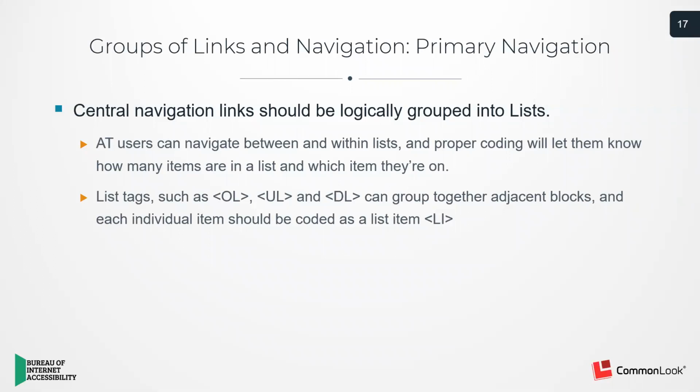So a non-visual user could know that they're on link 3 of 4 of a particular navigation menu. And without having a list, it would just announce a link and they wouldn't know where they are. You may also want to wrap primary navigation elements in a nav tag or a div with a role of navigation. And we'll get into roles a little bit more in the future slides here.